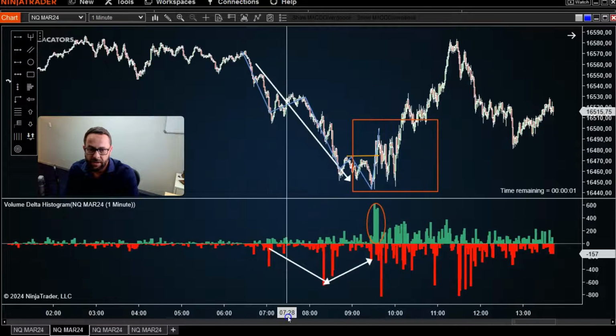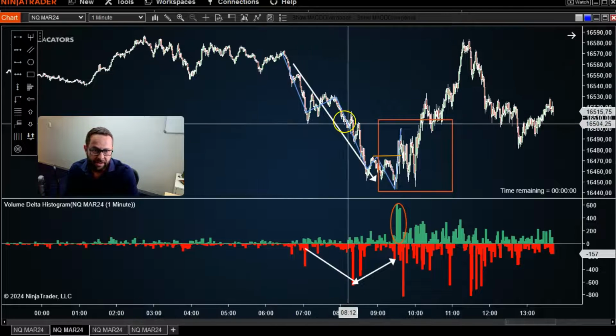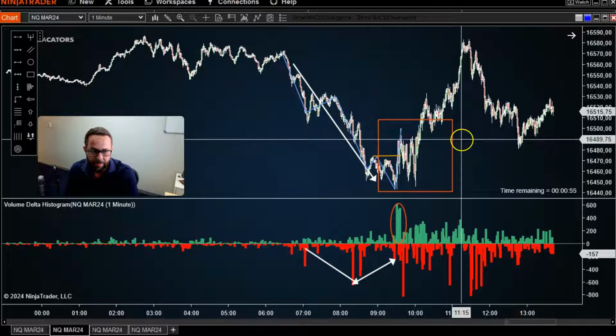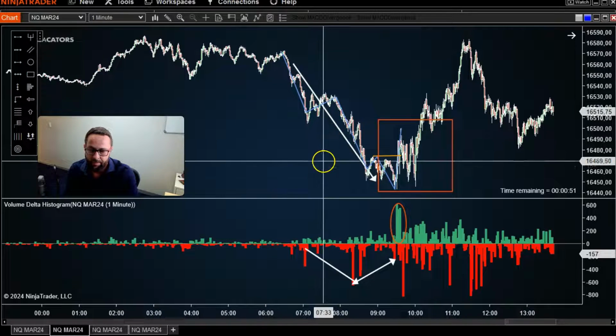Now, if you look a little bit backwards in time, even during the overnight session, leading into that time window between 9 a.m. and 11 a.m., the Nasdaq was trending lower pretty strongly.